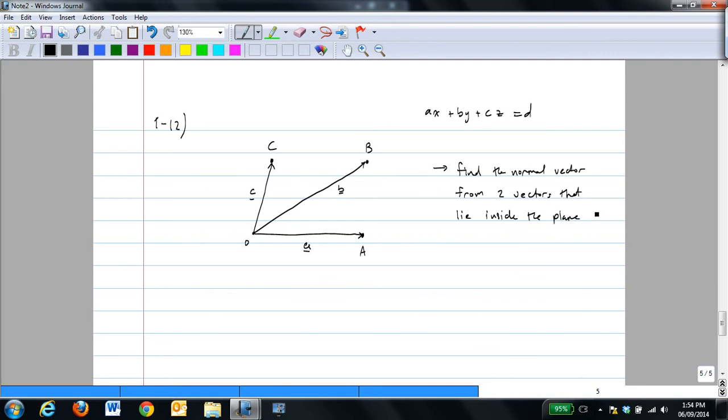And then, once we have our normal vector, we then want to project the normal vector onto a vector that connects the origin with our plane. So I will use the vector A, but you can also use the vector C or the vector B, because they both have a point at the origin and a point inside the plane.